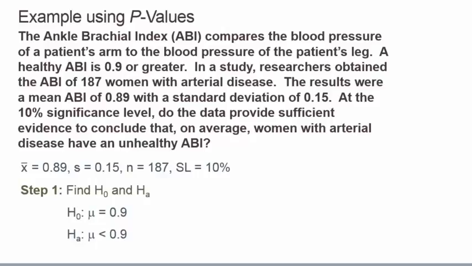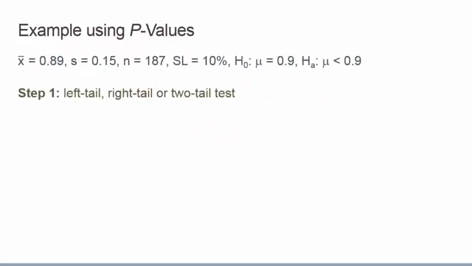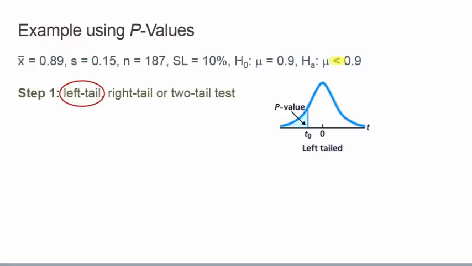H sub A is mu less than 0.9. Continuing with step 1, we want to decide if we have a left-tailed, right-tailed, or two-tailed test. Since H sub A is less than, we have a left-tailed test. This means the area for the p-value will be to the left of our test statistic.